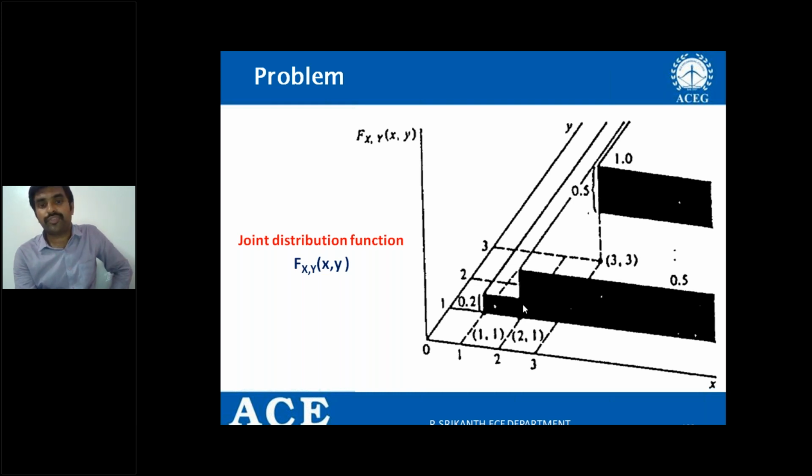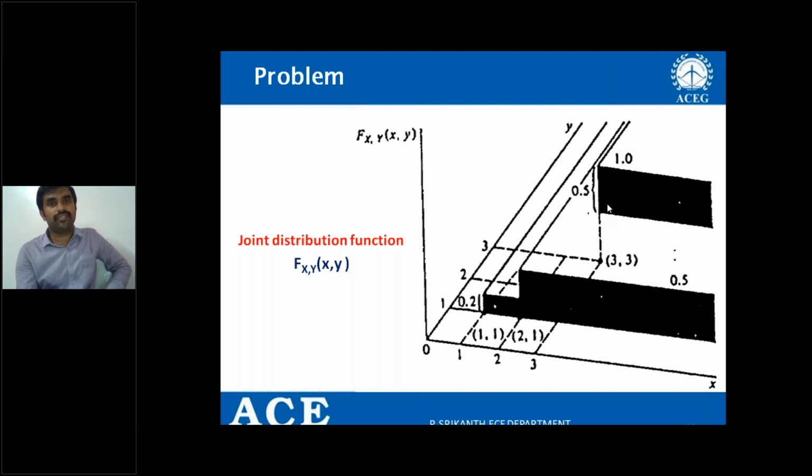So take a 3D view. At 1 comma 1, it is going up by 0.2, and at 2 comma 1 it is going up by another 0.3, and the total height of the distribution function level is 0.5 now. And again another value is existing at 3 comma 3. At 3 comma 3, the sum of the three values 0.2 plus 0.3 plus 0.5, and again it is rising up by 0.5.